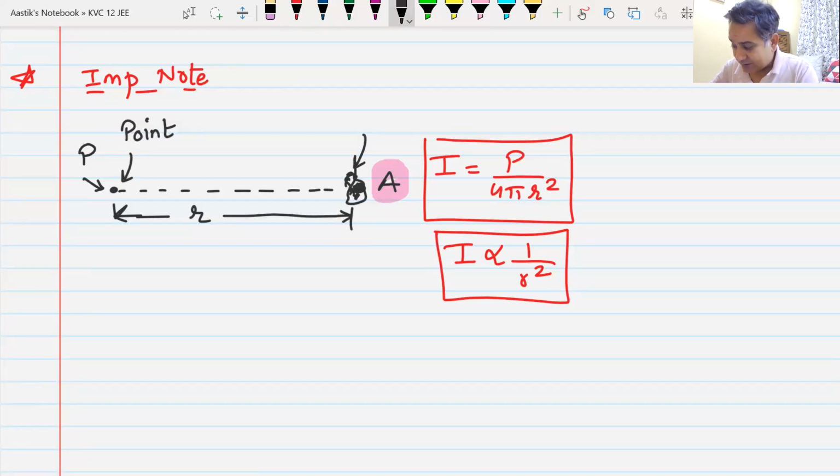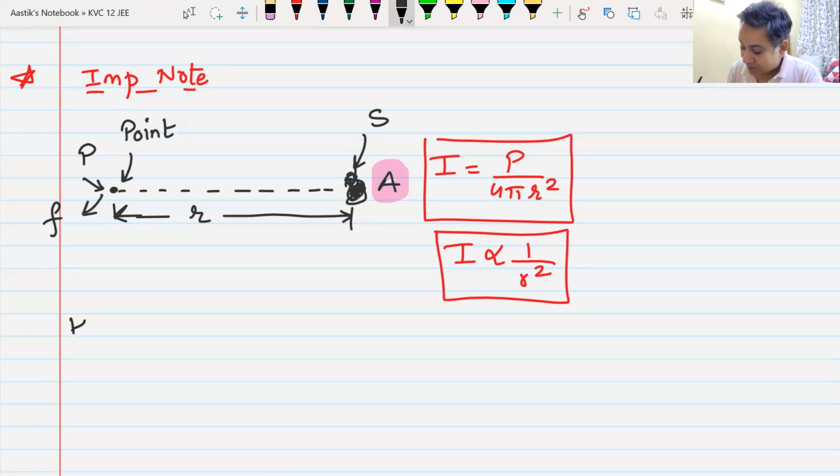The small area of this place is S. And this point source is emitting light of frequency f.